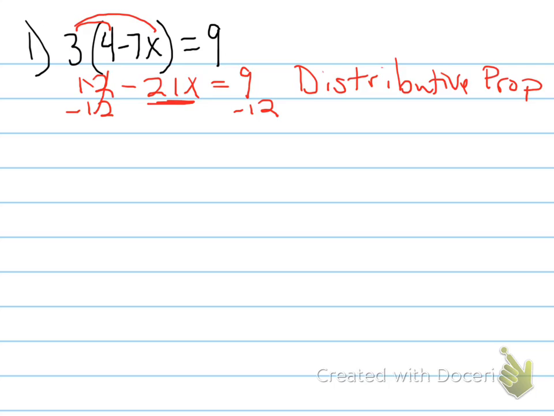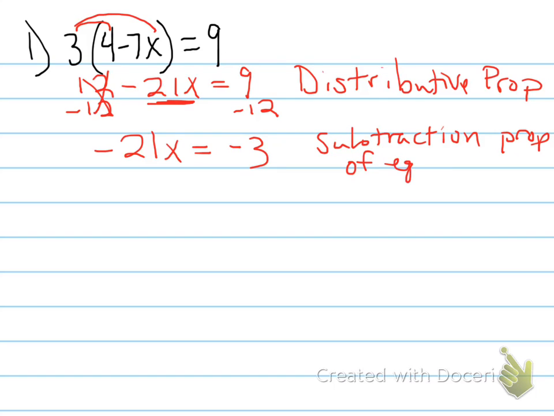And when this makes 0, I'm left on the left side with negative 21x equals 9 minus 12, which is negative 3. So I use the subtraction property of equality. The property basically says I can subtract the same quantity from both sides of an equation.